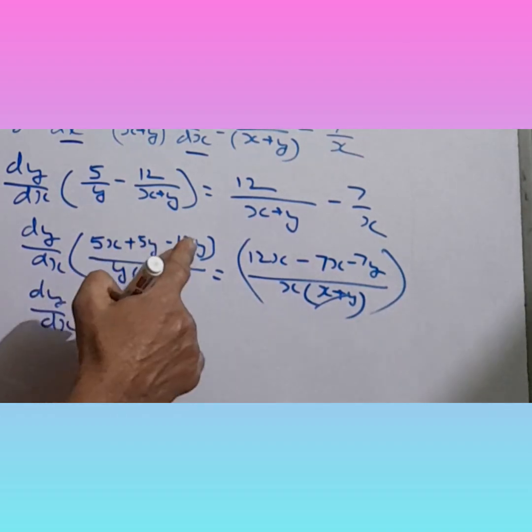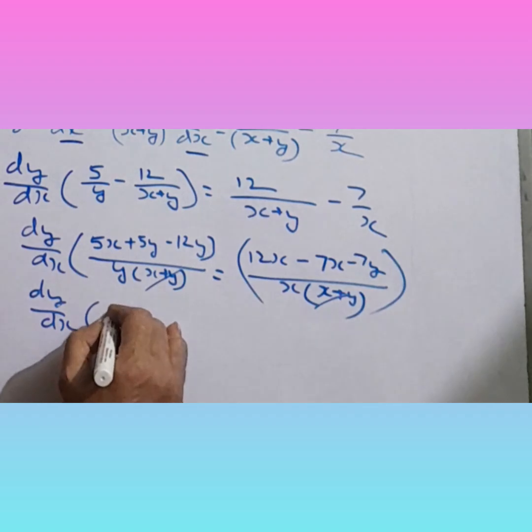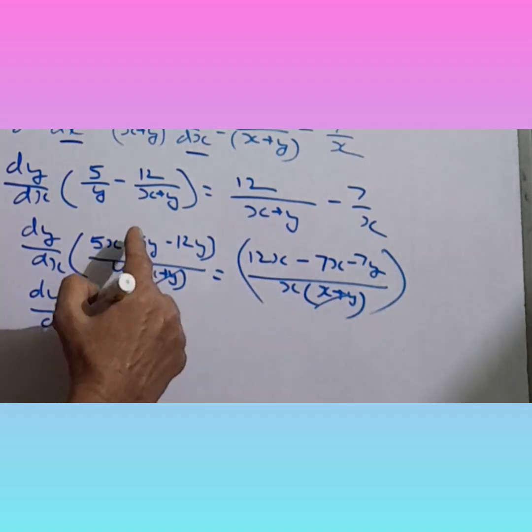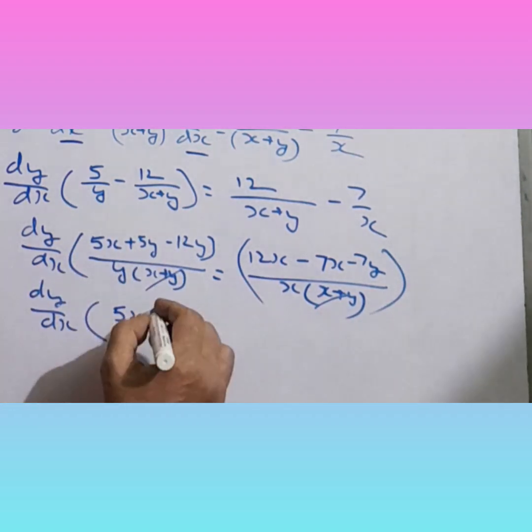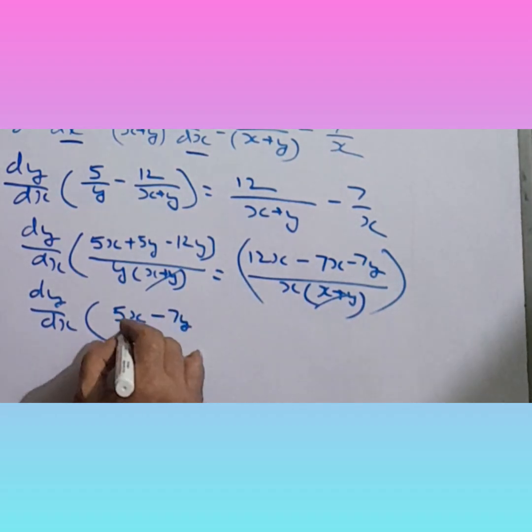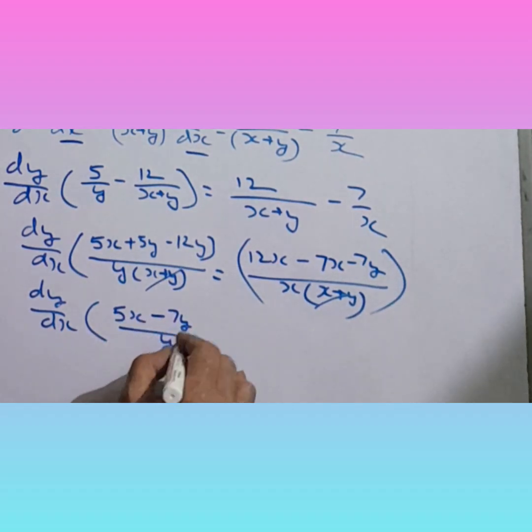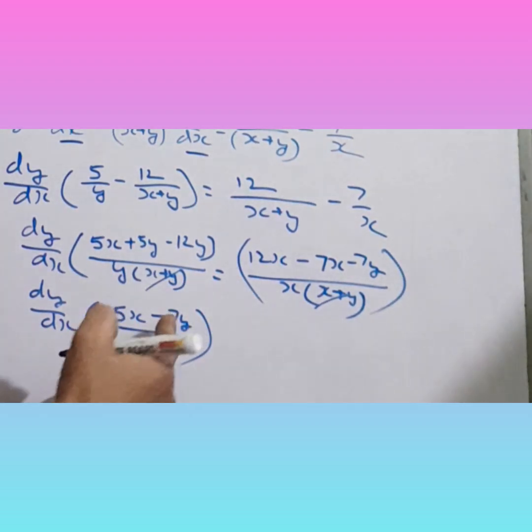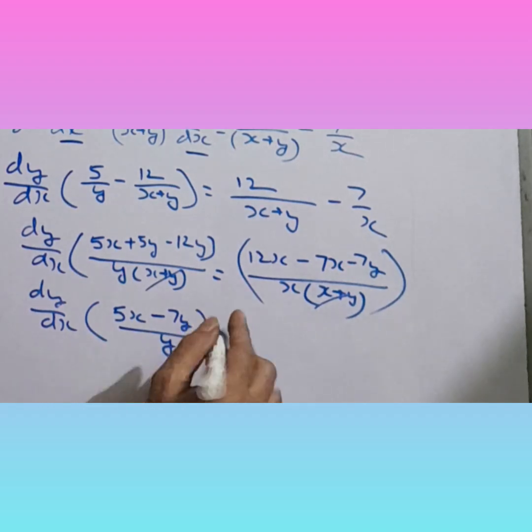Now here also, this is minus, so 5x remains as it is, and 5 minus 12 is minus 7, so this would be 7y divided by y. Mind you, there are lots of people who have a feeling that they can cancel this and this. No, you can't. You can never cancel that way.